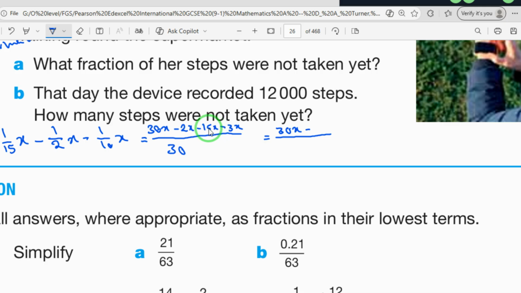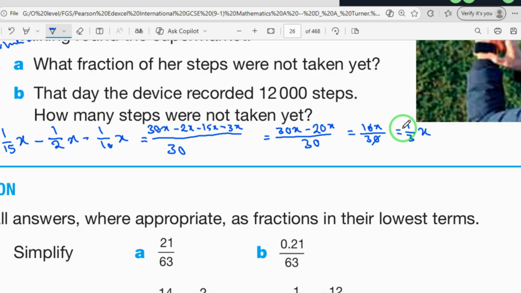We have 2x plus 15 becomes 17. 17 plus 3 becomes 20. So we write here 20x over 30. Then we subtract 30 minus 20, remaining 10x over 30. We simplify the 0 by 0, so the answer is 1 over 3, or 1/3 x.